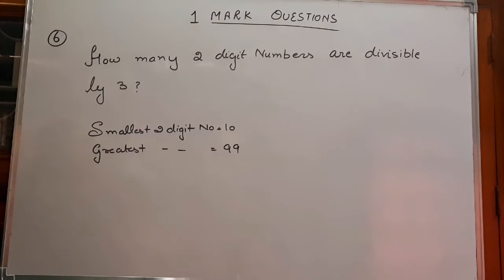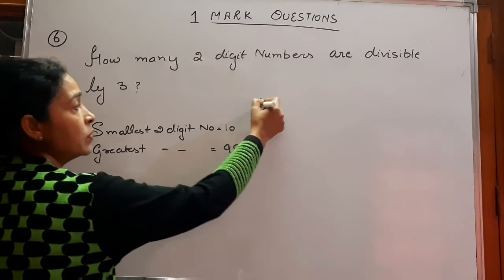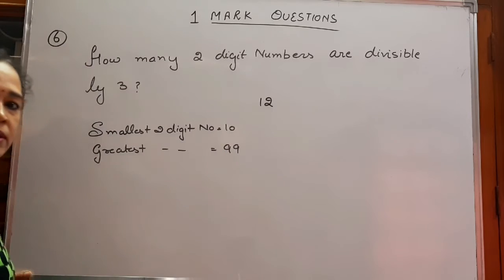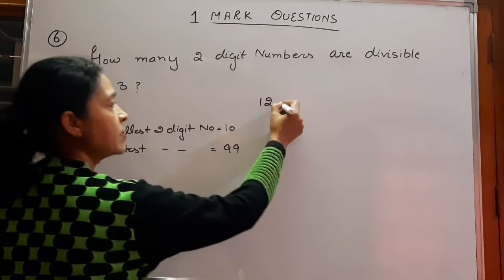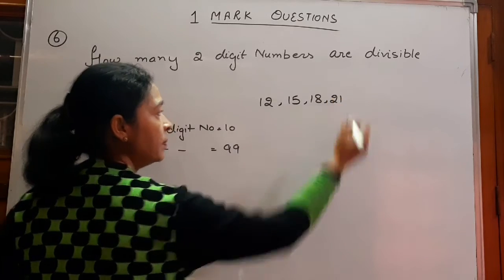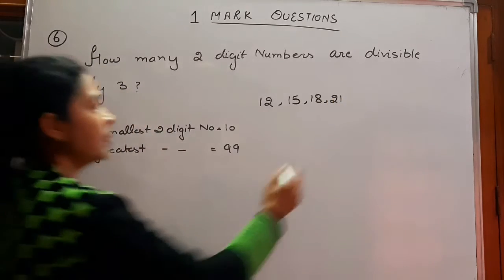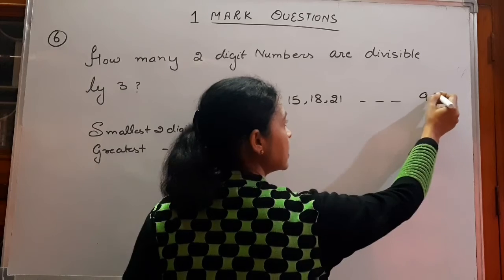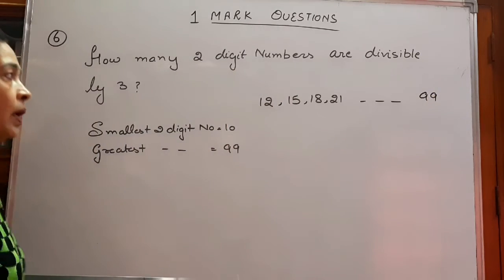Now, we have to find the numbers which are divisible by 3. Sorry, 10 is not divisible by 3. 11 is not divisible. The first number which is divisible by 3 is 12. Next is 15. Again 18, 21. What will be the last number? 99. This is divisible by 3.